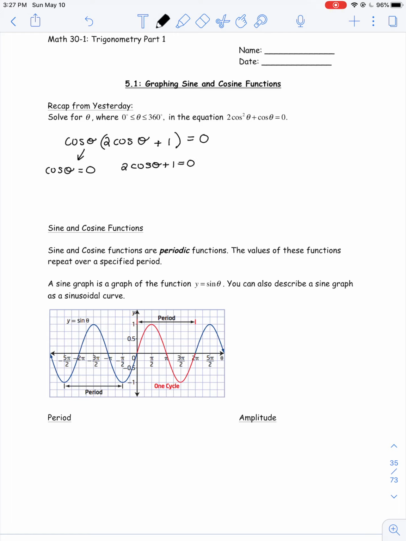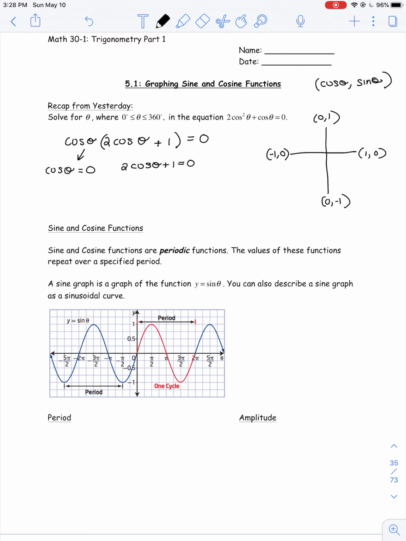We want to find out where cos theta equals 0, so I'm going to use the quadrantal angles. So this is 1, 0, 0, 1, negative 1, 0, and then 0 and negative 1. Remember, the x-coordinate is always cos, and the y-coordinate is always sine. So we want to see where the x-coordinate is 0.